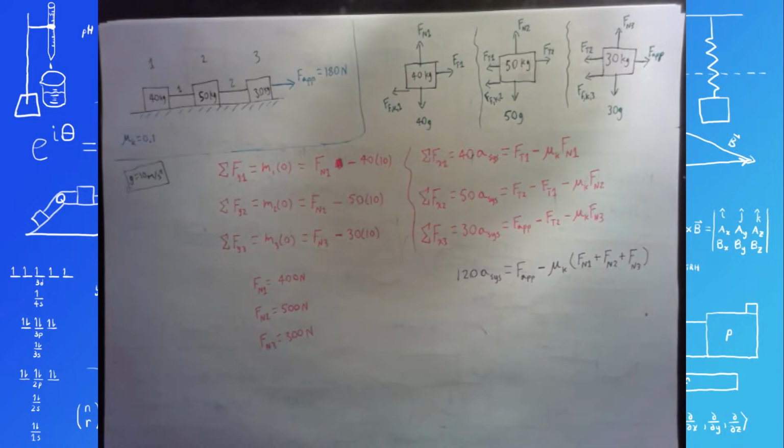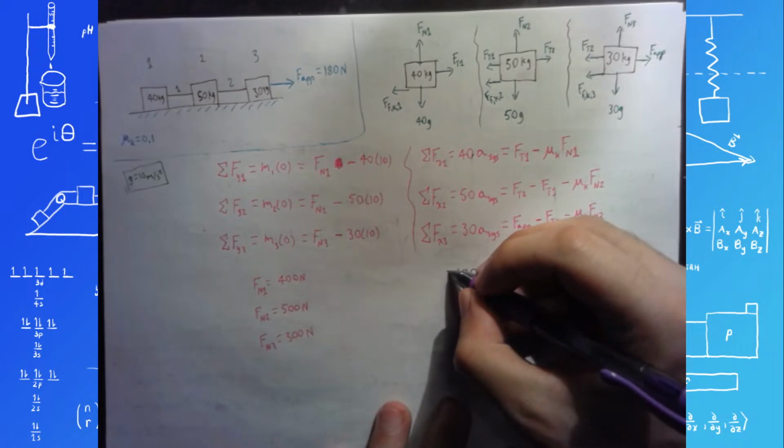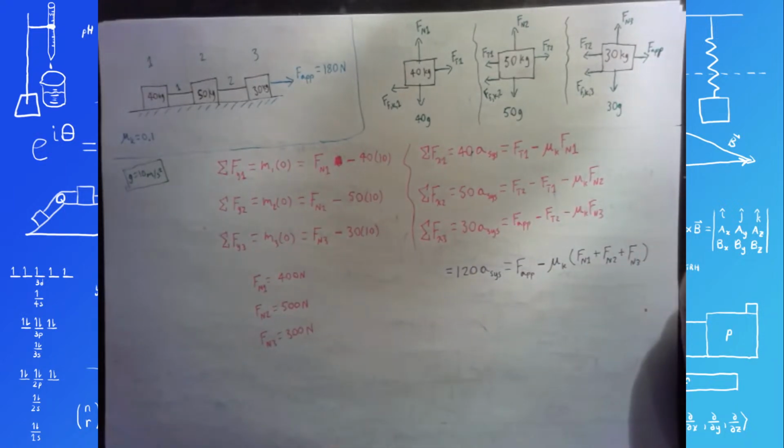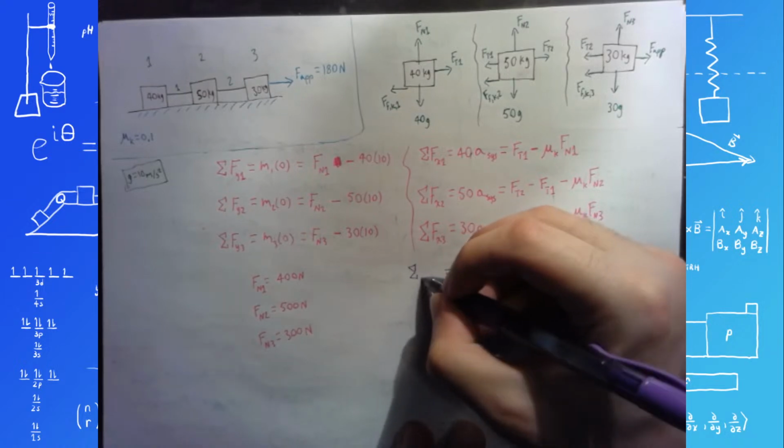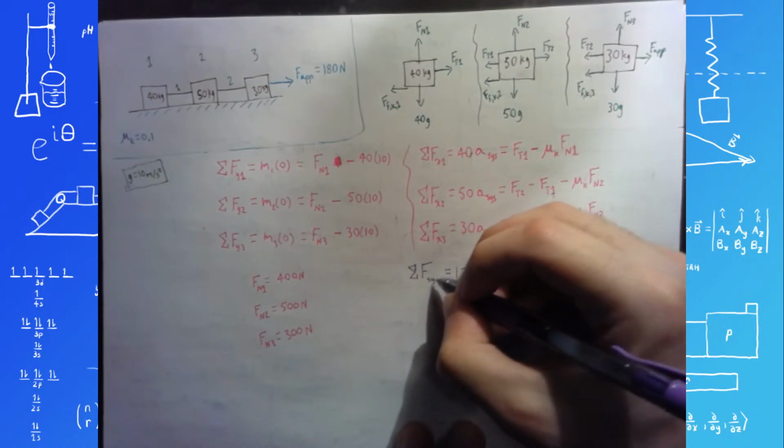What do we have now? What is this? This is the net force equation of a 120 kilogram object that has an applied force and just one big friction force acting on it. This is net force on the system.